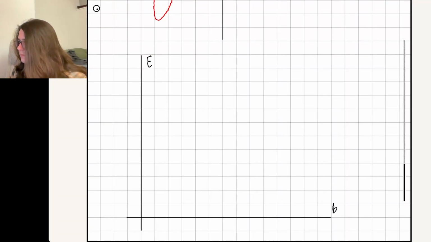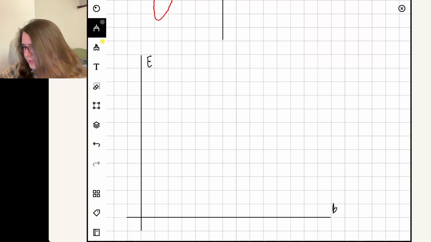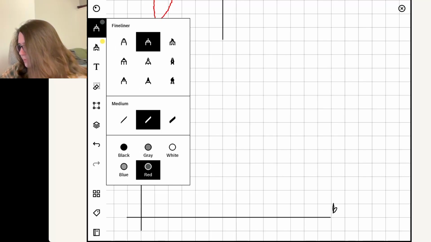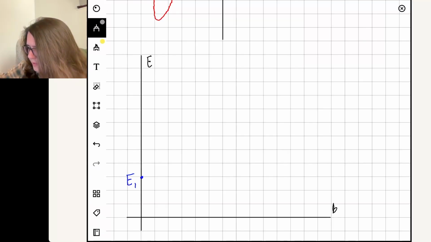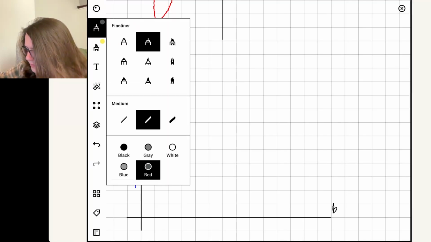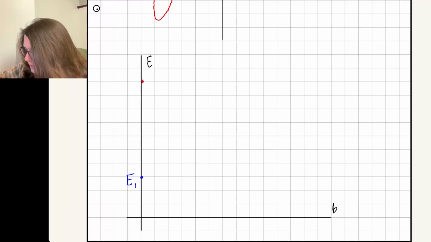So for increasing B, at B equals 0, they're both starting at the energy values for the finite square well. So I'm going to put E1 down here, and then E2 is quite a bit larger than E1. So I'm going to stick it right there, E2.